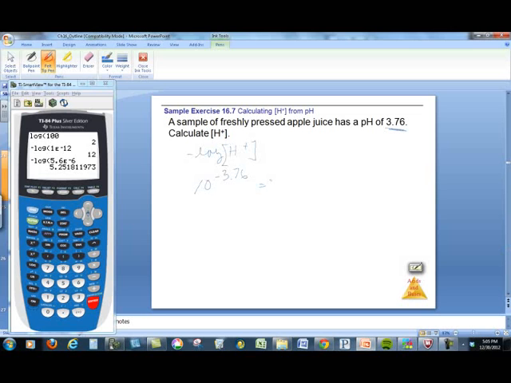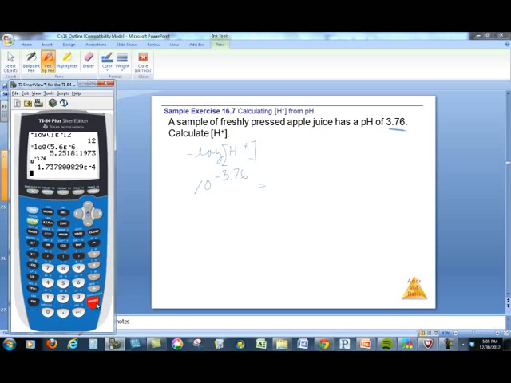So I can plug that into my calculator. The 10 to the x is right here under the log. So I do second log of negative 3.76, and I get 1.7. I got 2 sig figs here, just after the decimal place, times 10 to the minus 4 molar.